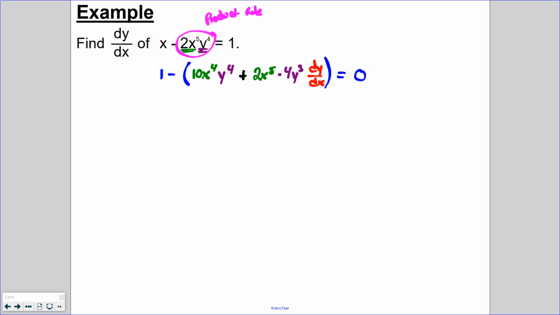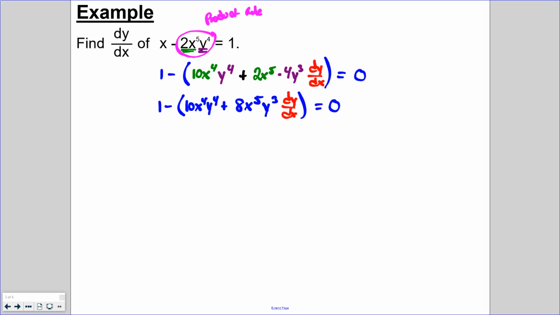Alright, so now we can simplify the inside of those parentheses. So this is going to give us 1 minus the quantity 10x to the fourth, y to the fourth, plus 2 times 4 is 8, x to the fifth, y cubed, dy over dx, and that is all going to equal 0.